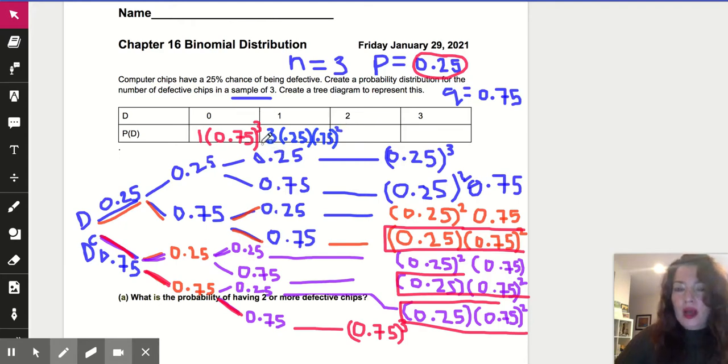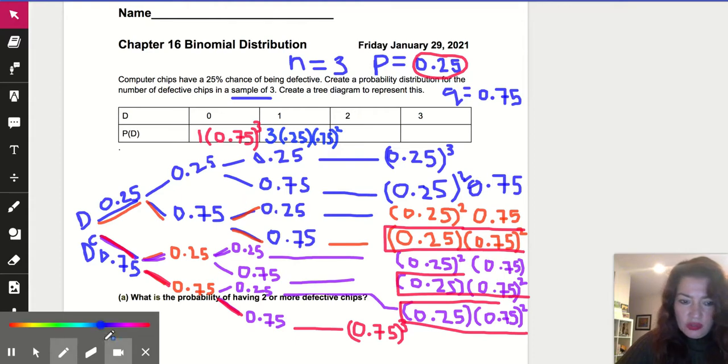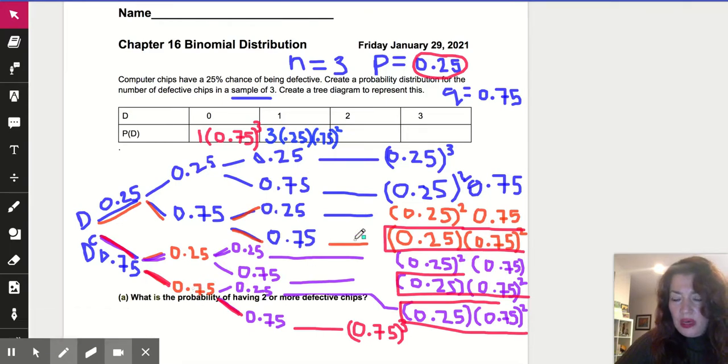Okay? All right, let's go on and see the second one, which is having 2 defective. So let's look at our tree diagram and see where there are 2 defective chips. That would mean I would look for 0.25 squared. So here's one 0.25 squared. Here is another 0.25 squared times 0.75. And here is a third one.